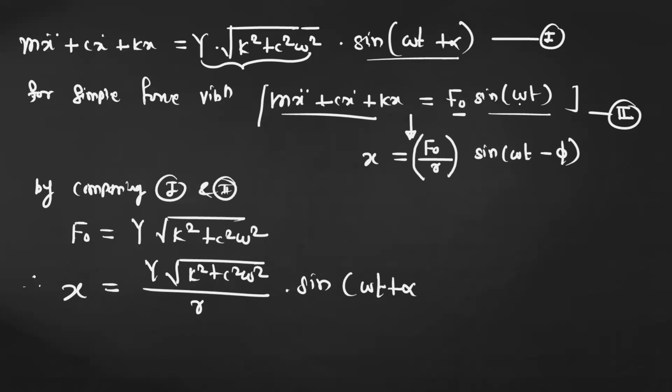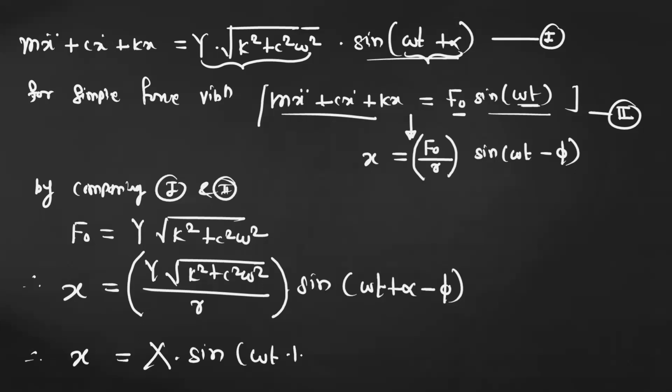So here you can observe, if you have omega t as an angle, we need to subtract the phi value as a phase lag. So similarly here we have this total angle omega t plus alpha. So from this total angle subtract the phi. So this is the phase lag. Okay. Now this complete value is nothing but the amplitude for the motion transmissibility. Okay. So this amplitude is represented as a capital X into sin(omega t plus alpha minus phi). Okay.